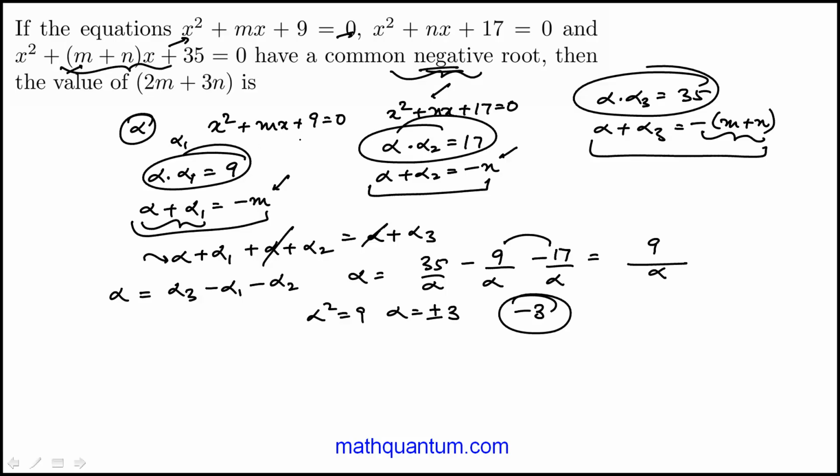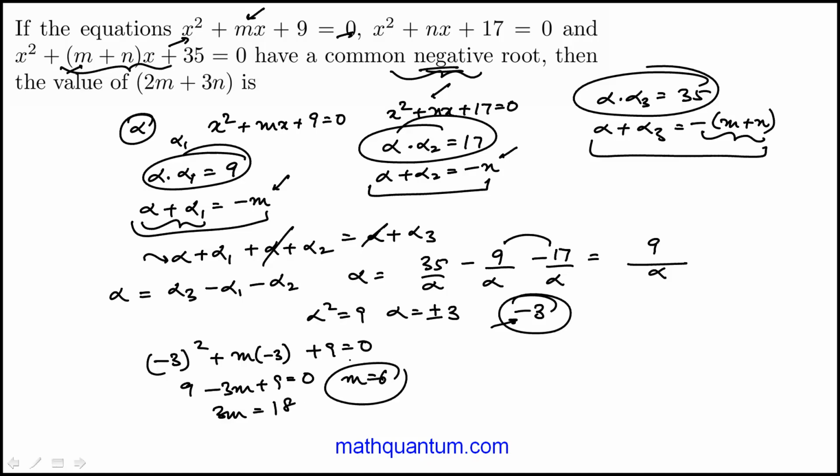Now, I need to find 2m plus 3n. I'll plug that in. This root has to satisfy that. So I can use that to find what m and n are. So in this case, 9 minus 3m plus 0. 3m is 18.